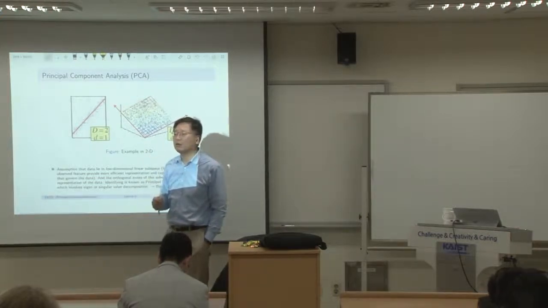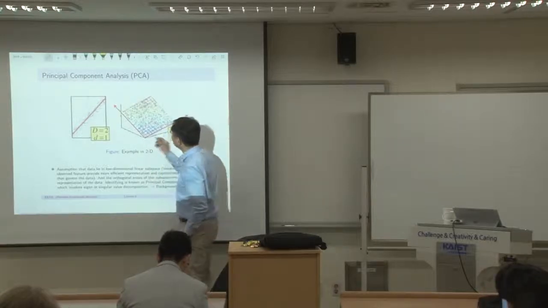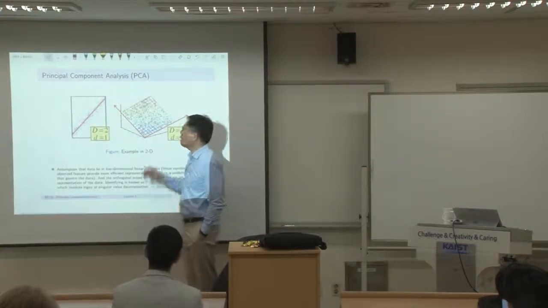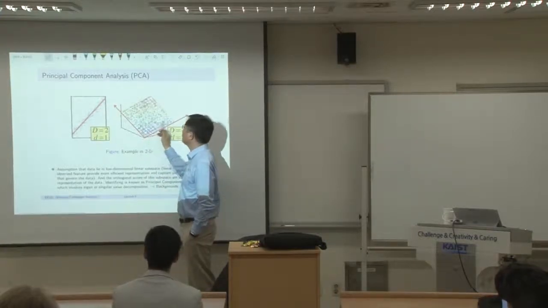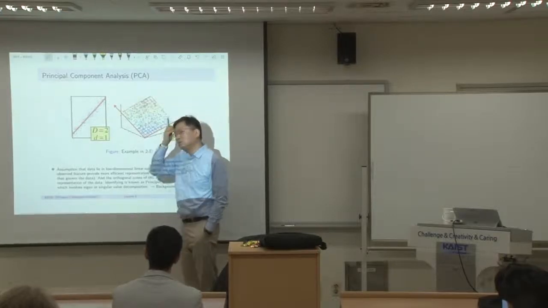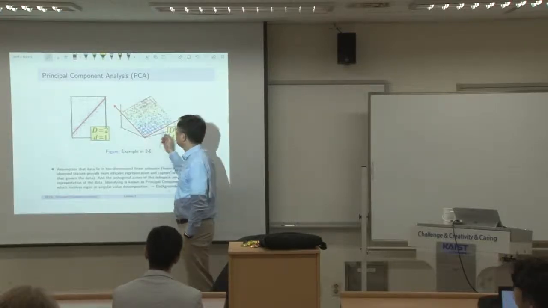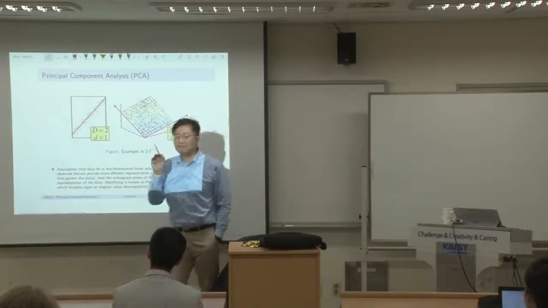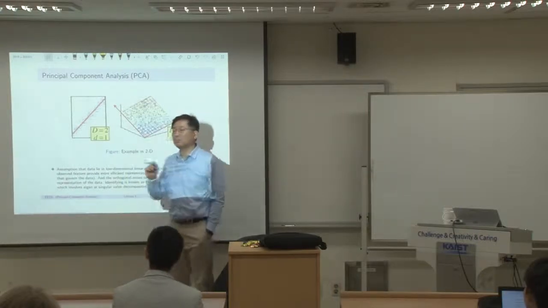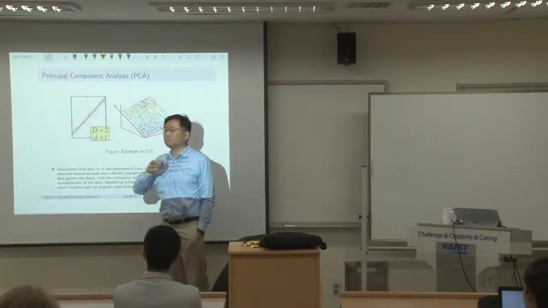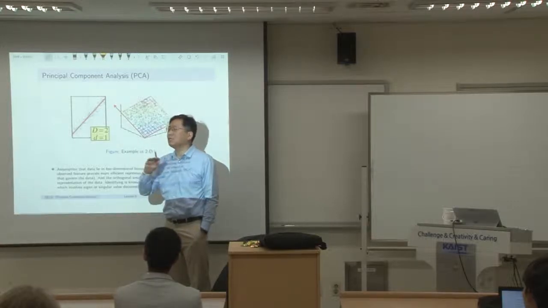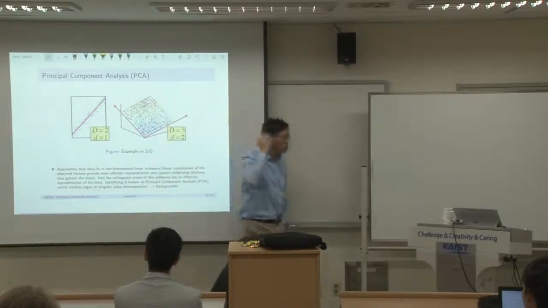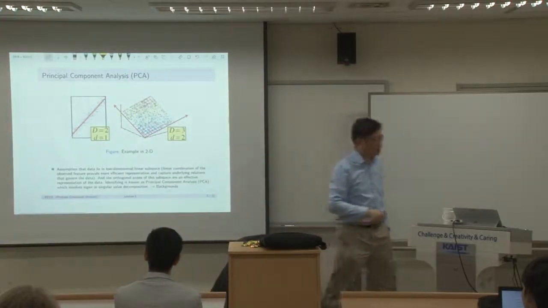You project each of these points onto these eigenvectors. The process of projection is taking the inner dot product, and the projected value is the new low-dimensional feature.